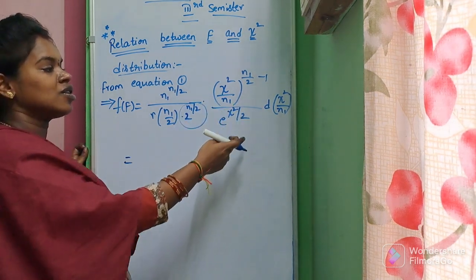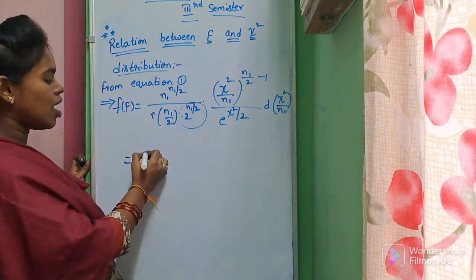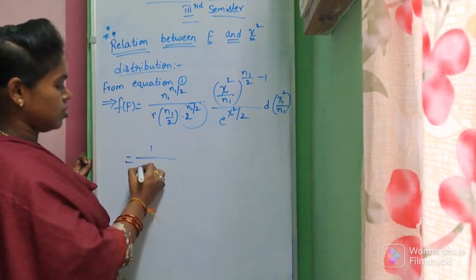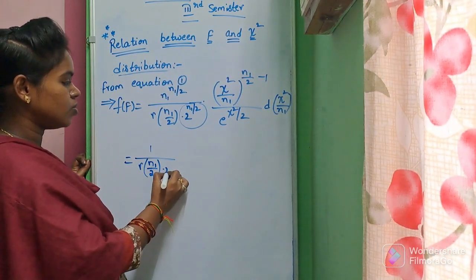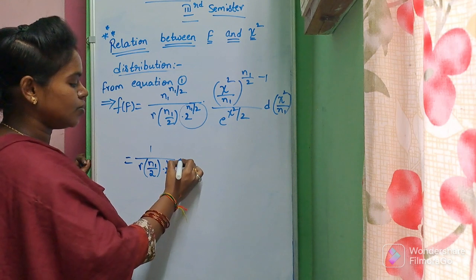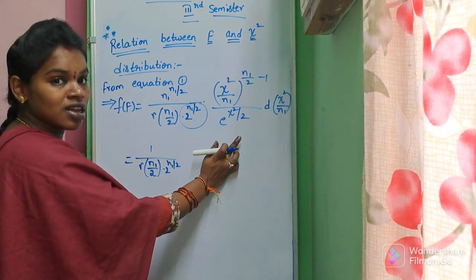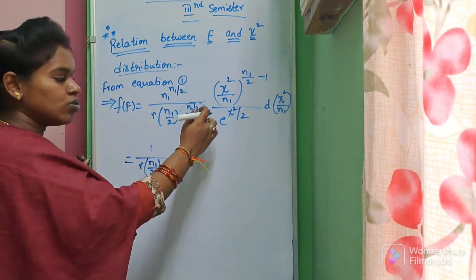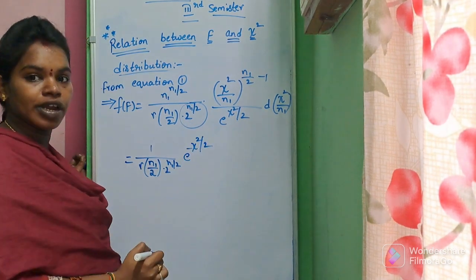Next, we are replacing e power chi square by 2. Now I am writing again gamma of n1 by 2 into 2 power n1 by 2. This e power chi square by 2 is in the denominator; if it moves to the numerator it becomes e power minus chi square by 2.